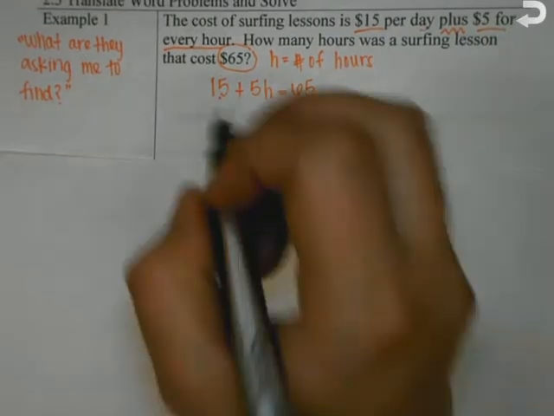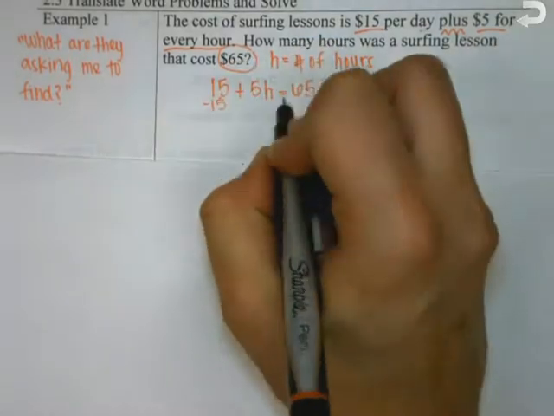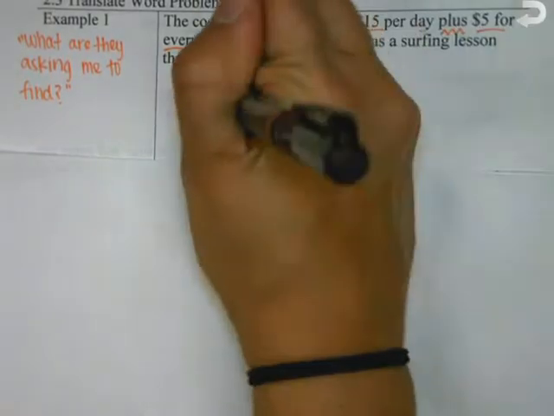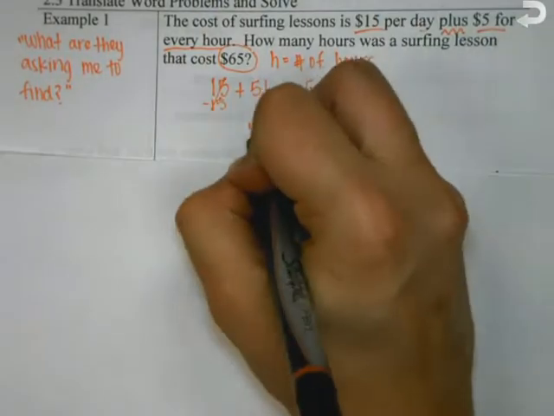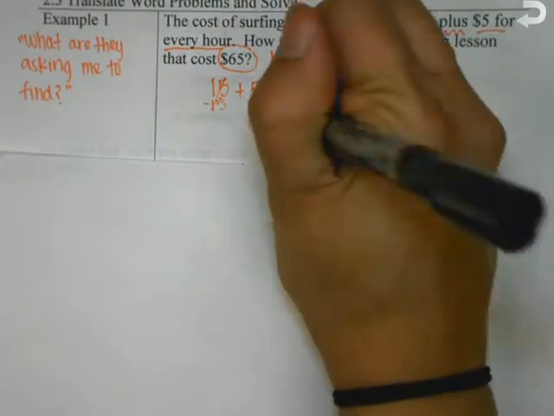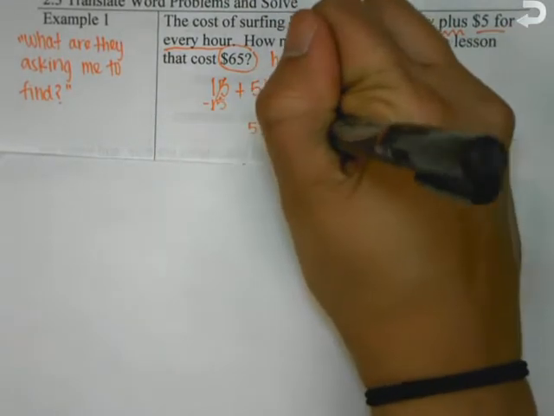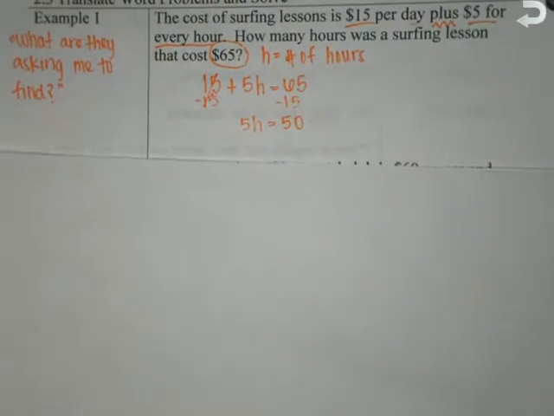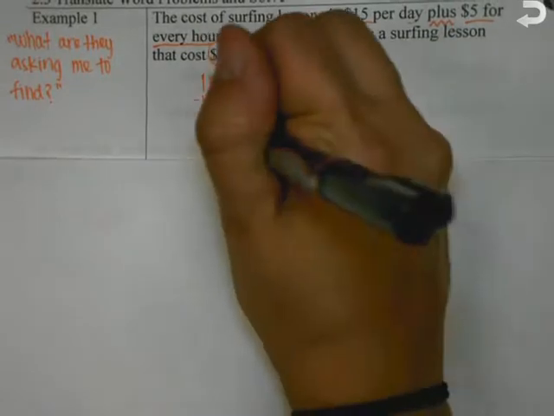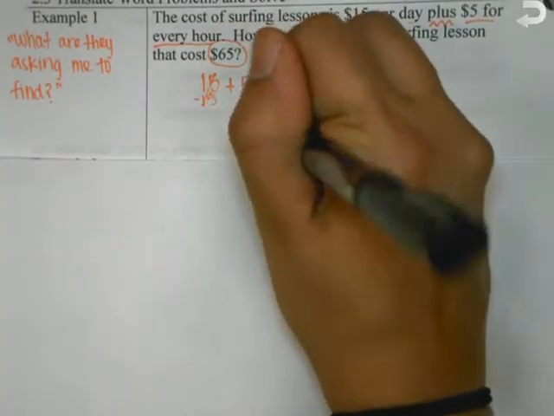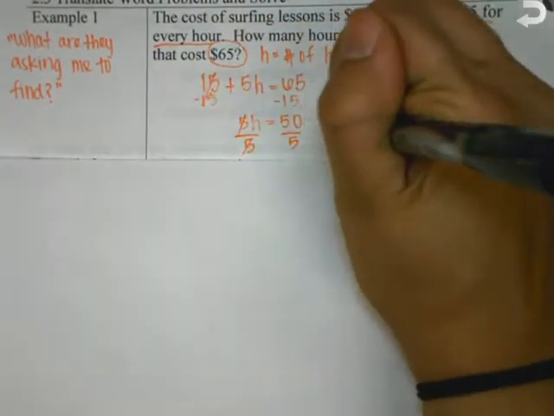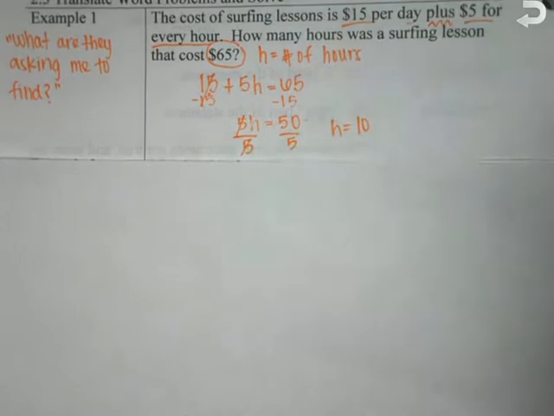I'm going to subtract 15 from both sides, and I'm going to get 5H equals 50, and then what do I do? Divide both sides by 5. So we get H equals 10 what? Hours. It is a word problem, so you have to write it.